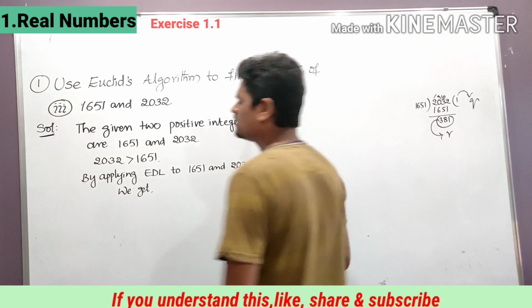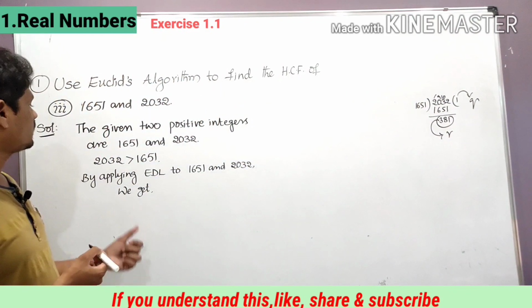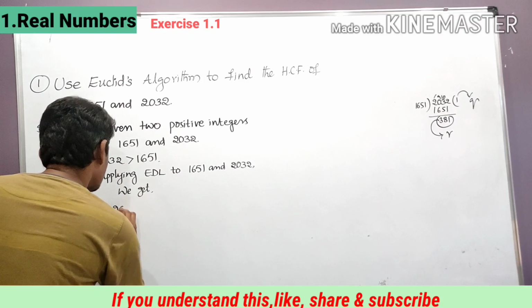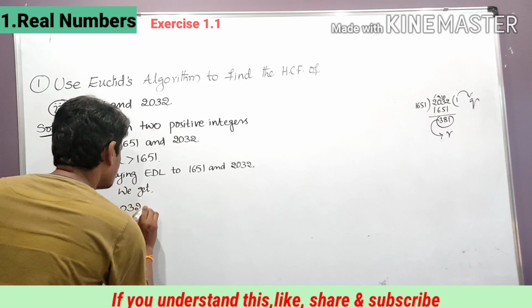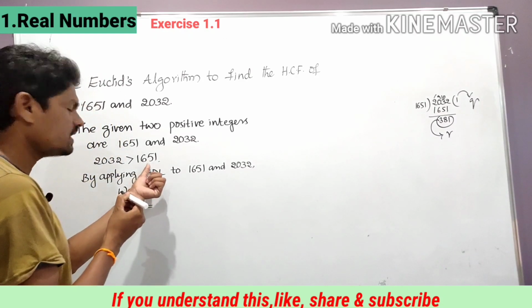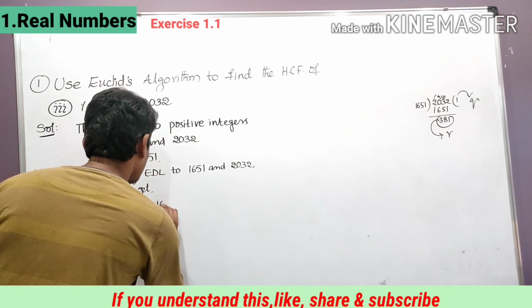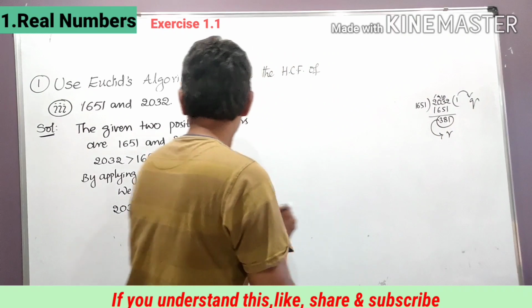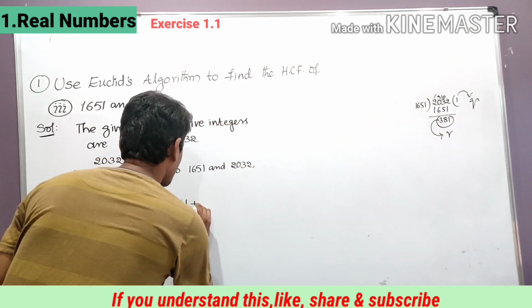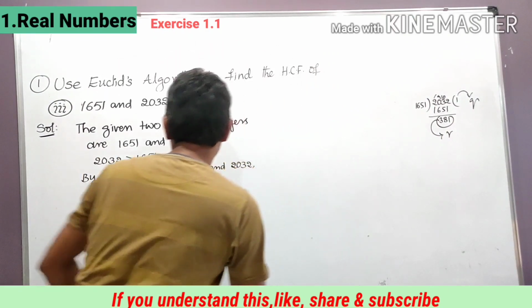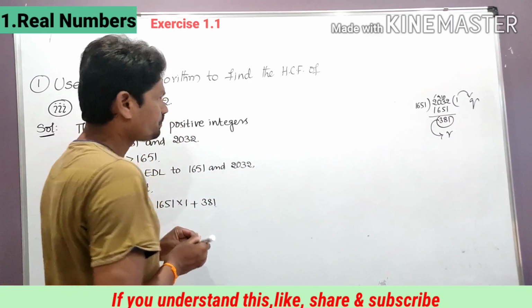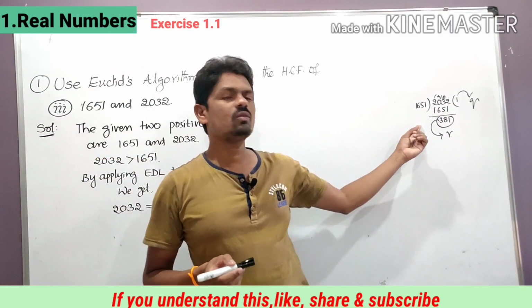Now we have to write A is equal to B into Q plus R, student. Here A is 2032, B is 1651, Q is 1, the quotient, and R is 381, the remainder. So again the remainder is not equal to 0.